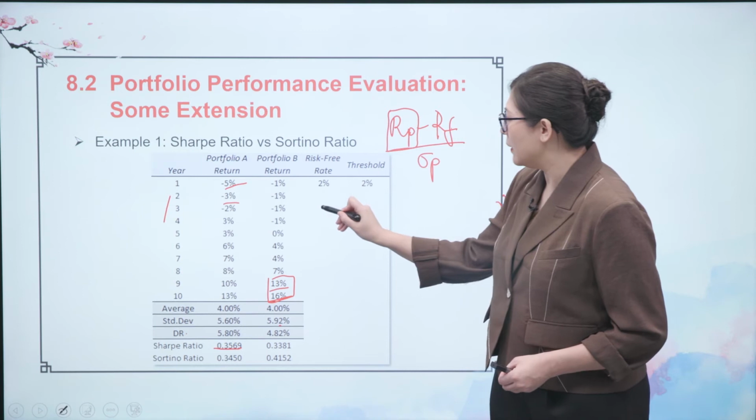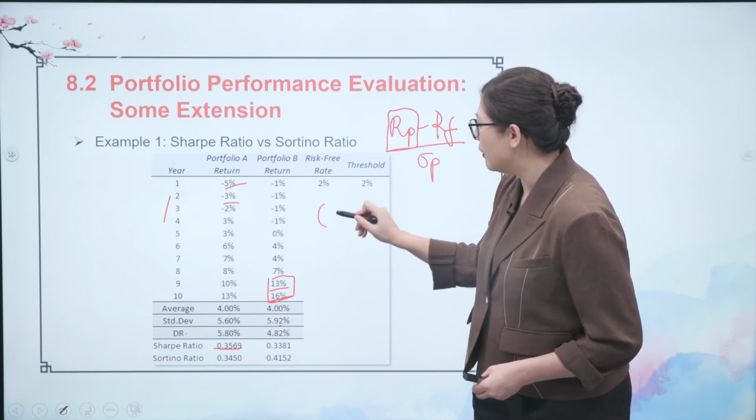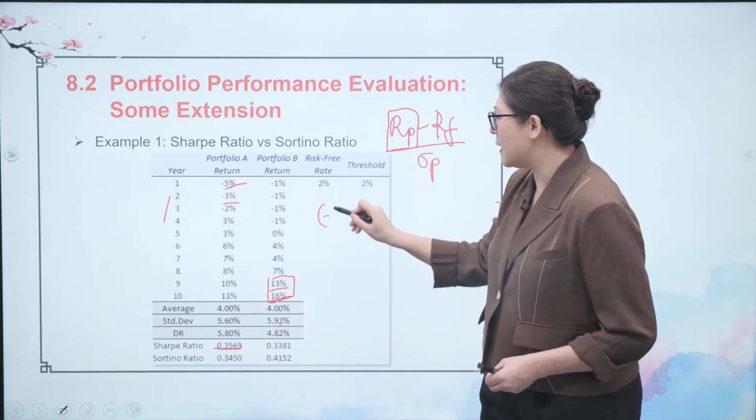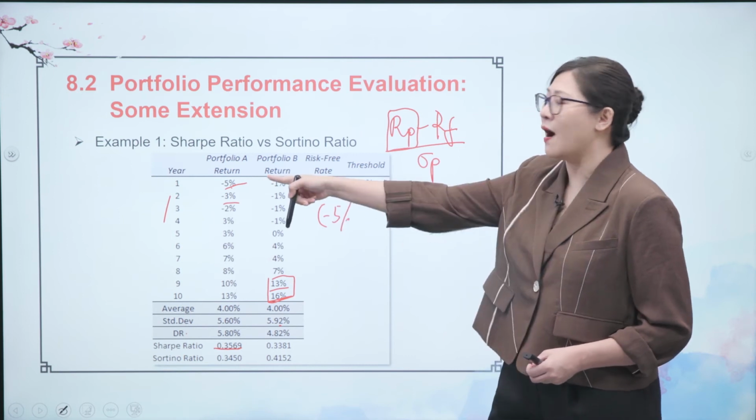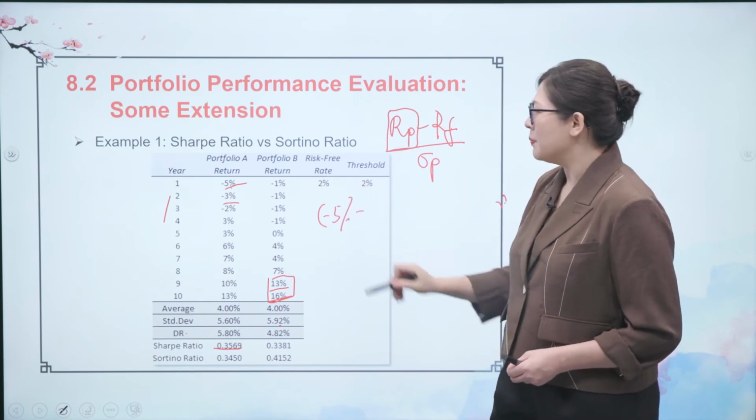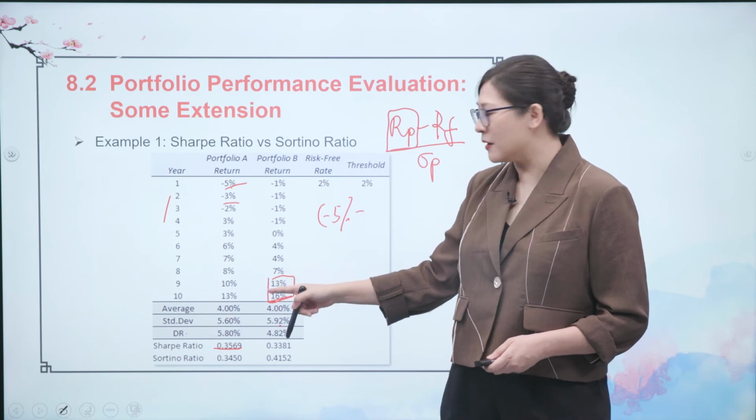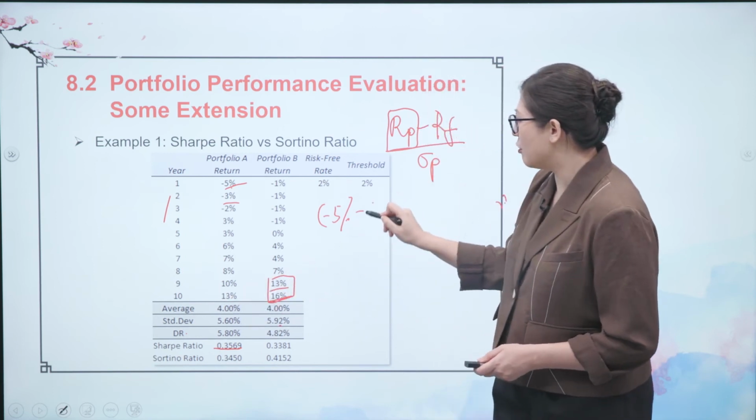We know the first one is minus 5%. This is R_i minus the average. Remember, the average return is 4%.